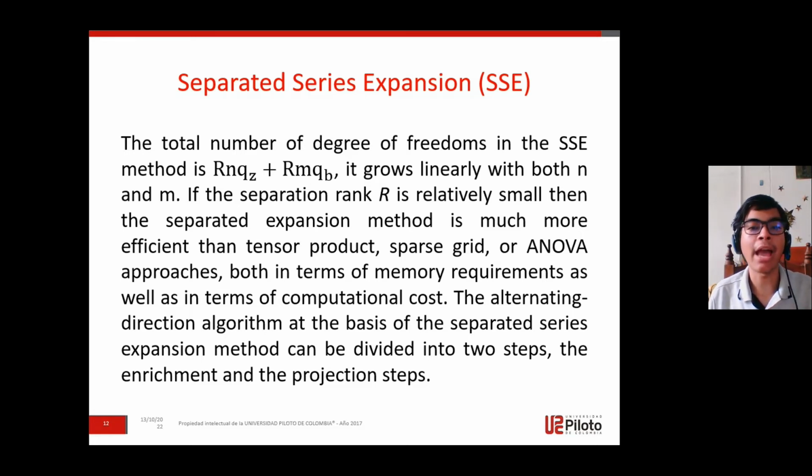If the separation rank R is relatively small, then the separated expansion method is much more efficient than tensor product, sparse grid or ANOVA approaches, both in terms of memory requirement as well as computational cost. The alternating direction algorithm at the basis of the separated series expansion method can be divided into two steps, the enrichment and the projection steps.